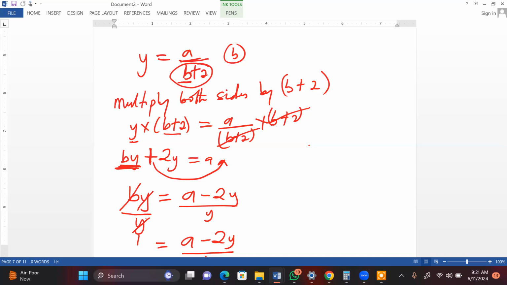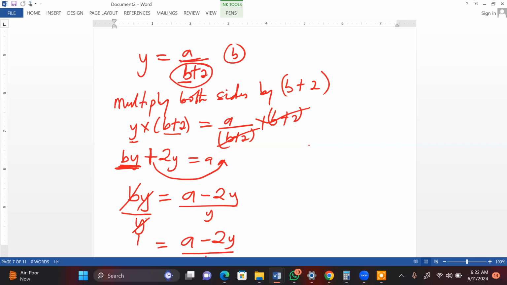Okay. So this is how you're going to know. When you are given a problem like this, the first thing you need to check is whether there is a fraction. If there is a fraction, then look for a way to remove the denominator. Here we are only looking at one fraction.